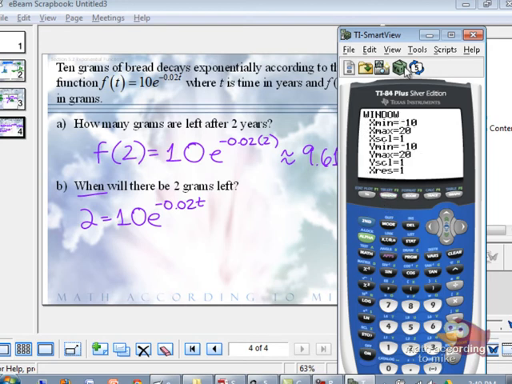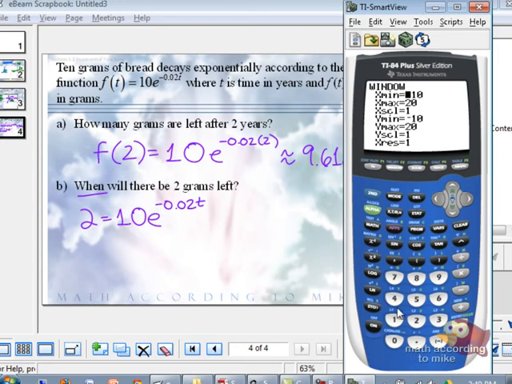Now time can't be negative, so let's start it off at 0. As far as the max is concerned, this is the tricky part. Notice after 2 years, we only lost 0.4 grams. What you cannot do is say, well, 0.4 means I need to get down to 8, so I should multiply 2 by 20 to give me 40, so my answer is 40 years.